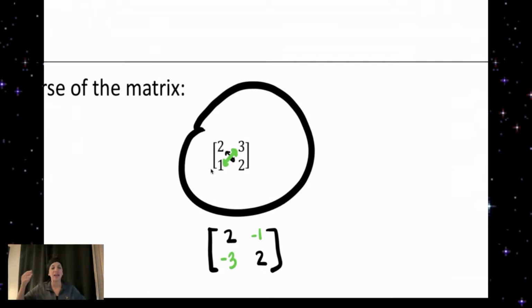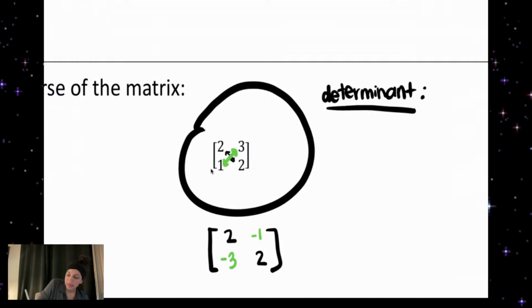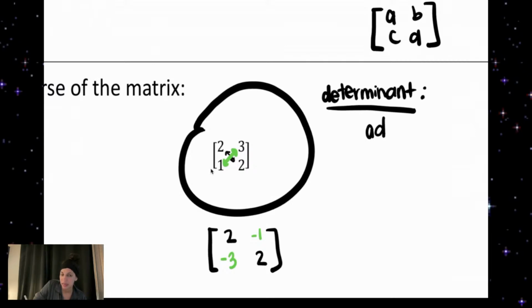Then I have to find the determinant of the matrix. In math terms, this is A, B, C, D. The determinant is A times D minus B times C, before I flip and do all of that, right?